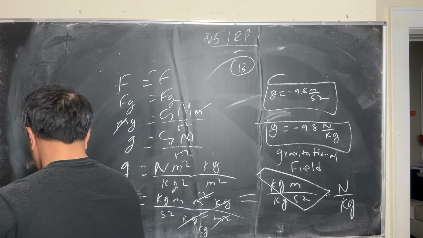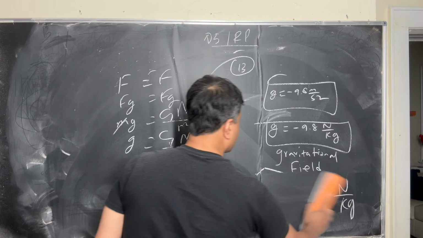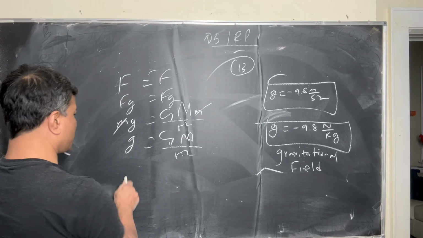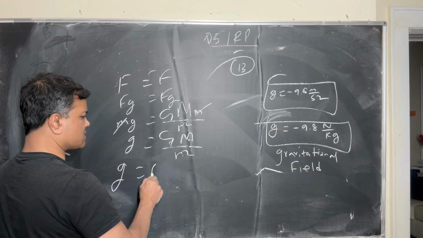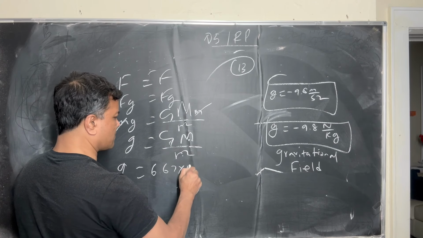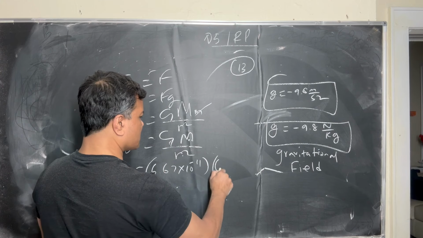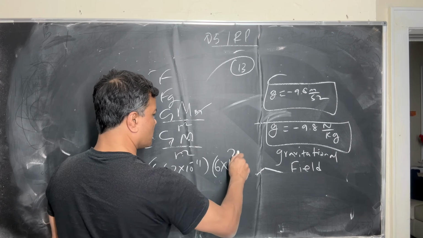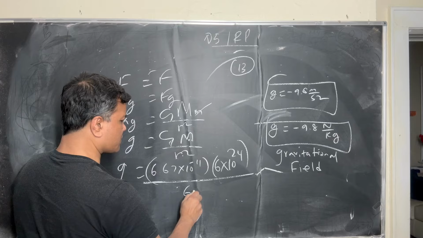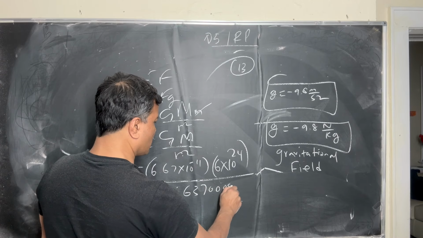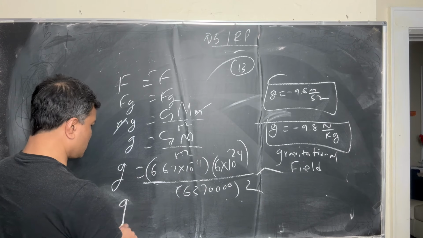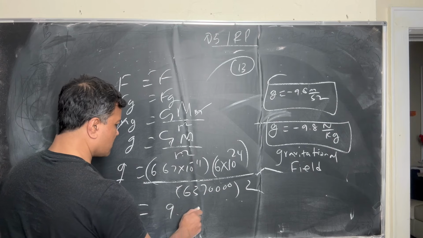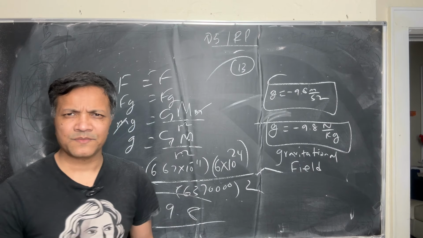In the future, we're going to prove that this is actually 9.8. In fact, you can prove it right now at home. G is 6.67 times 10 raised to negative 11, M is 6 times 10 raised to 24, and r is 6370000 squared. So g is 9.8. We proved that.